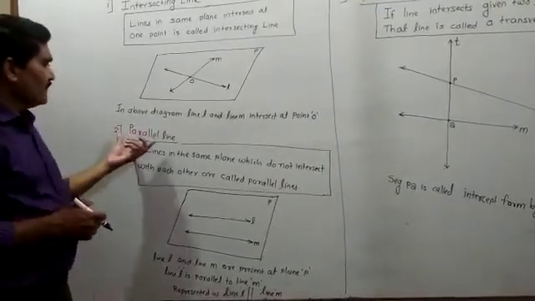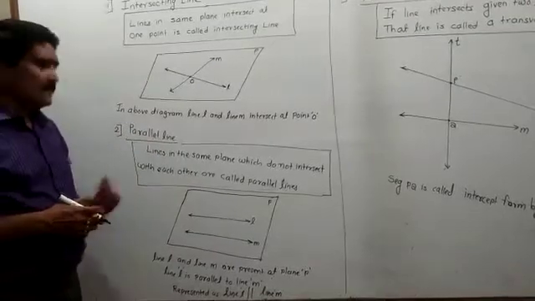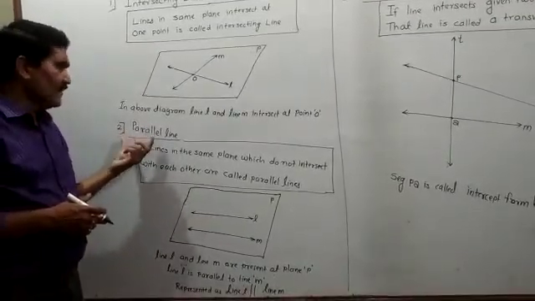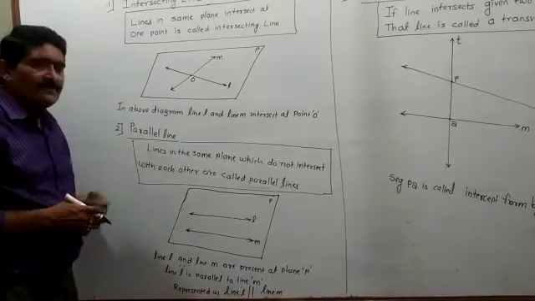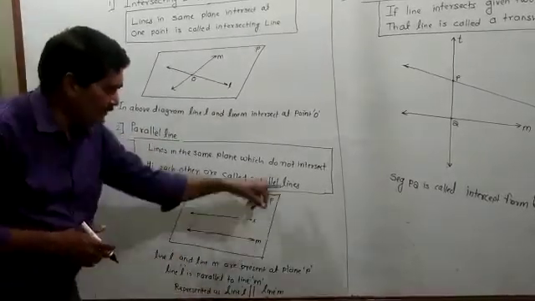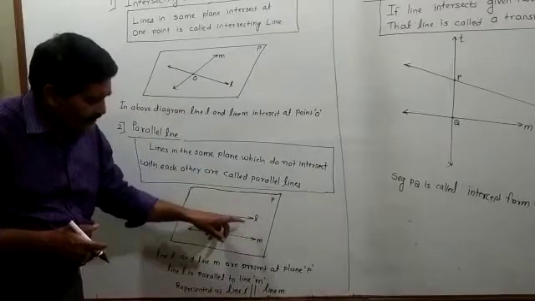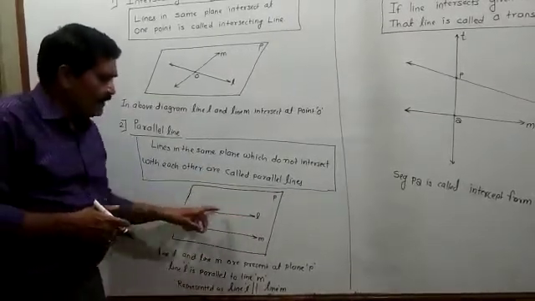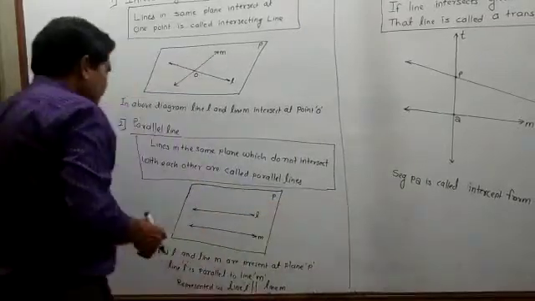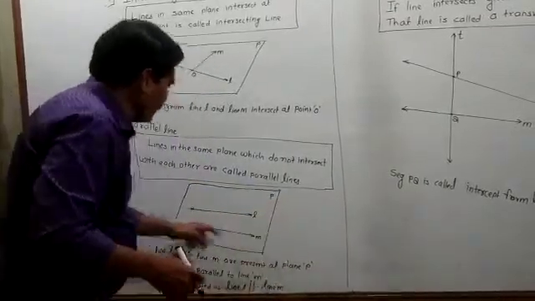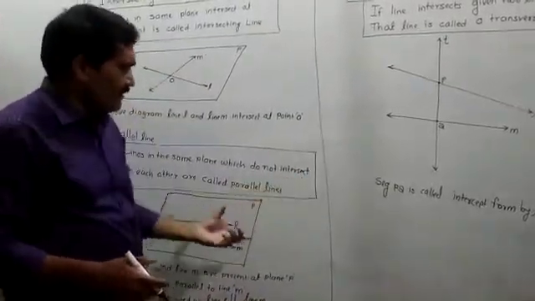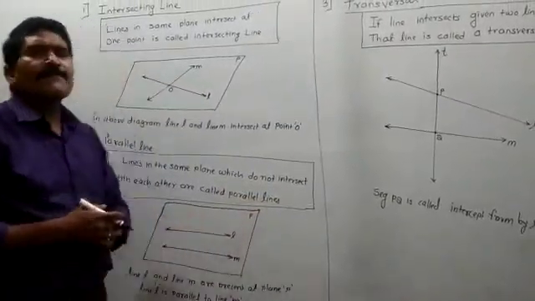Then the next concept is parallel lines. These are given in your book, so from the book we have to start with this lesson. Parallel lines means what? Lines in the same plane which do not intersect with each other. This is line L and this is line M. When you extend these lines continuously on both sides, whatever distance they cover, they will never intersect with each other.